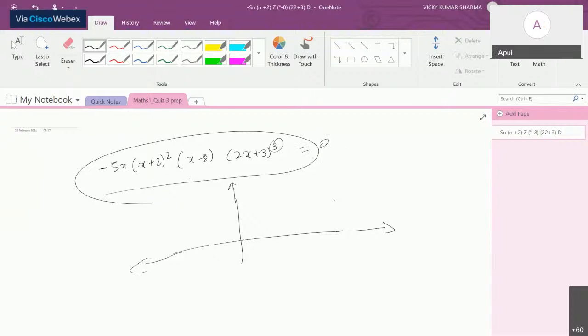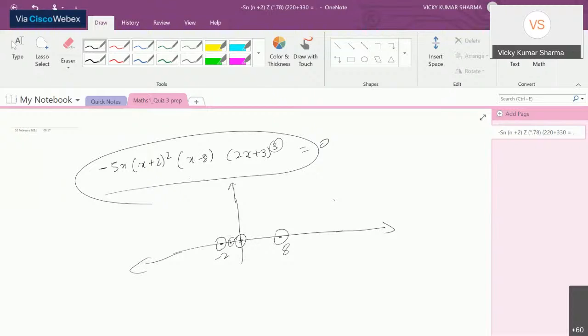So one root will be at minus 2, plus 8. The other would be minus 3 by 2. It will be somewhere here. Correct? Now, what is its degree? Total degree: 2 plus 1, 3 plus 1, 4.